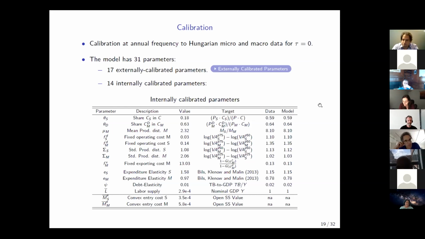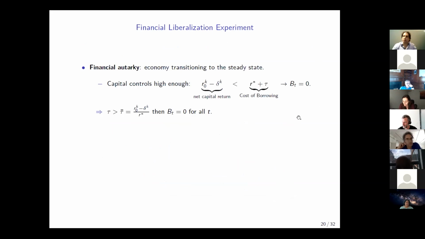Okay, good. Now, what's going to be the financial liberalization experiment? So the idea is that if you think about the decision of borrowing, let's imagine that you're in that initial point. So George was asking me, are you going to start at the steady state? No. So you're going to start with some level of capital. In any model, what you would do is you would evaluate the net return to capital given your capital stock and the depreciation rate.